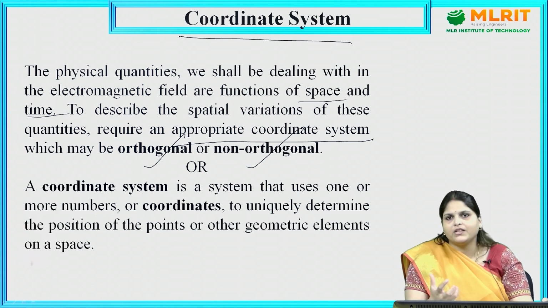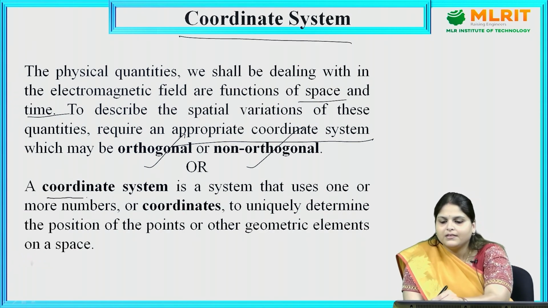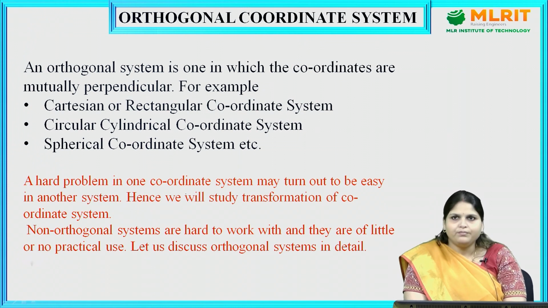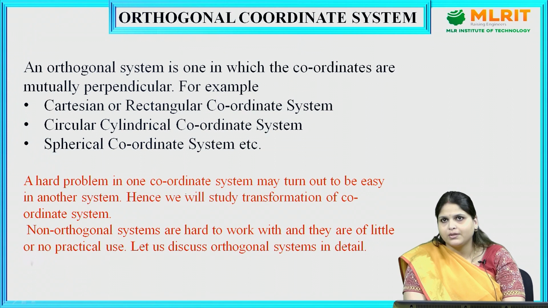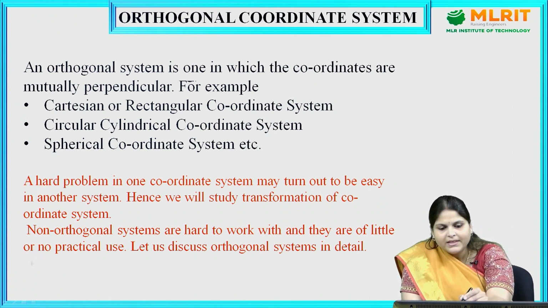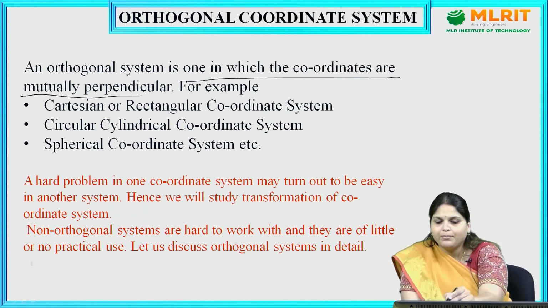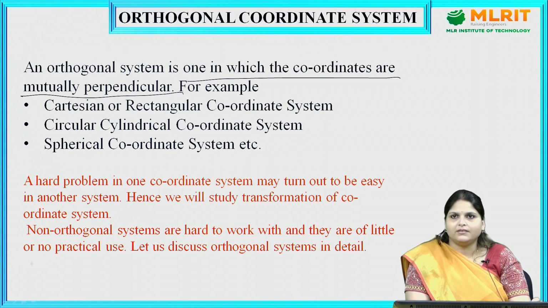In simple language, to uniquely determine the position of points in space, we need a coordinate system. As I said, we have two types of system: the orthogonal coordinate system and the non-orthogonal coordinate system. So what is an orthogonal coordinate system? It is a coordinate system where the coordinates are mutually perpendicular to each other.